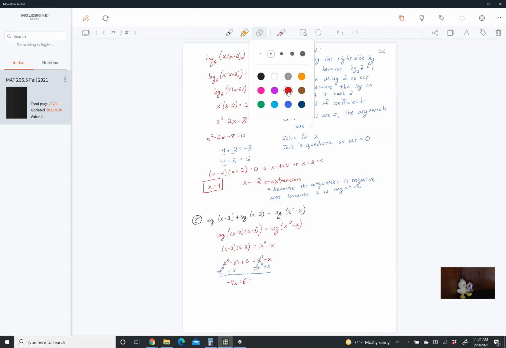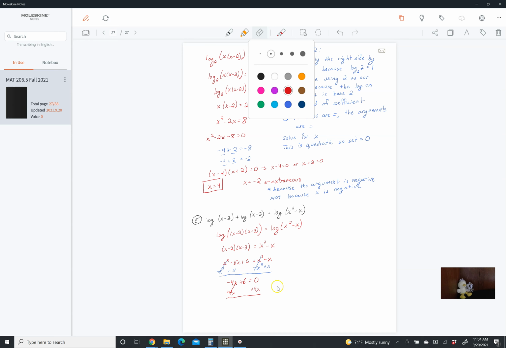And if you had wanted to, if you recognize that the x squared would go away, then theoretically you didn't have to add the x to both sides, okay? Now we have to add 4x to both sides because we need the x's on the opposite side of the constants.